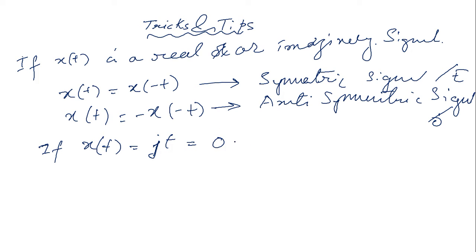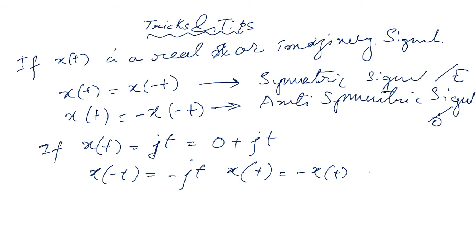We can imagine that the real part is 0 and this is the imaginary part. So x of minus t is minus jt, so you can write x of minus t equals minus of x of t, so the signal is antisymmetric.